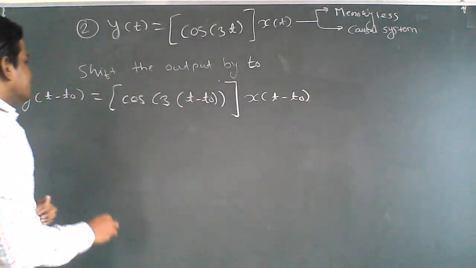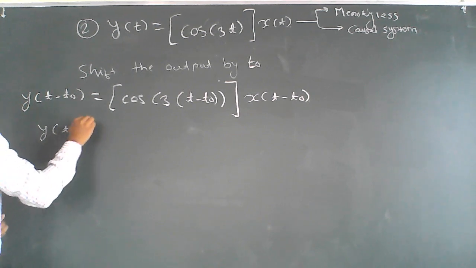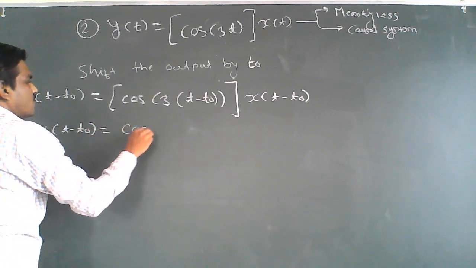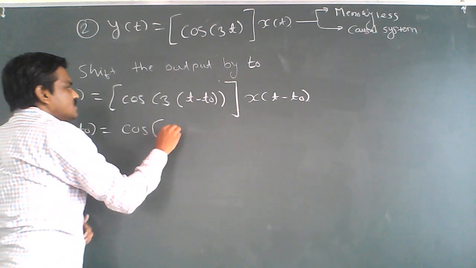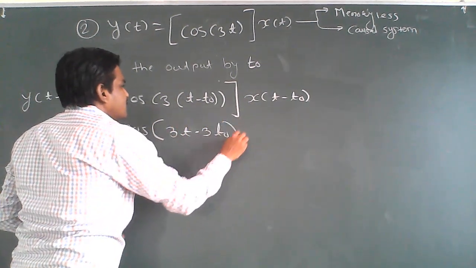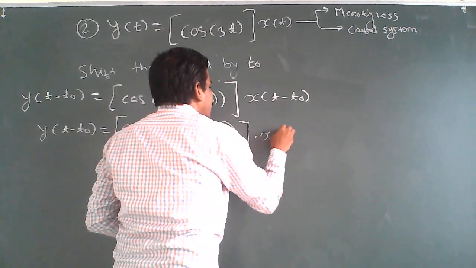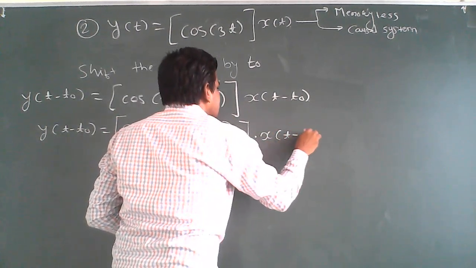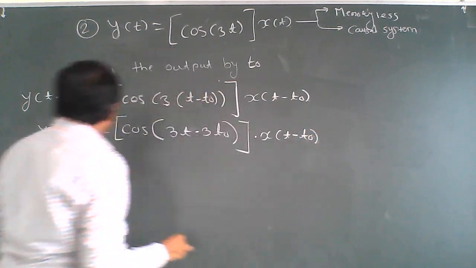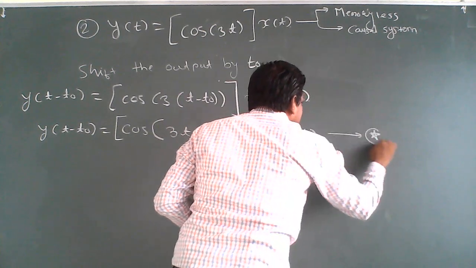If we simplify this, what you will get? y of t minus T0 is equal to cos of 3t minus 3T0 into x of t minus T0. Now this first step is over. I will call this equation 1 star.